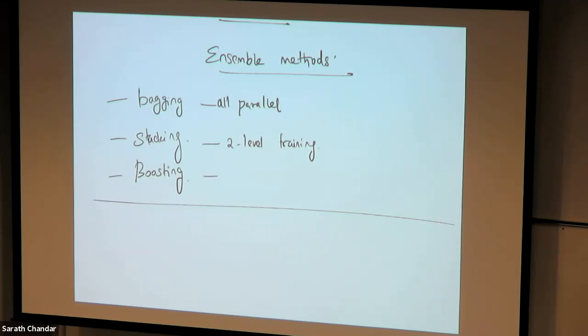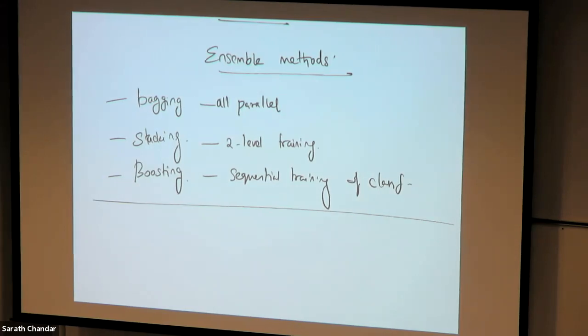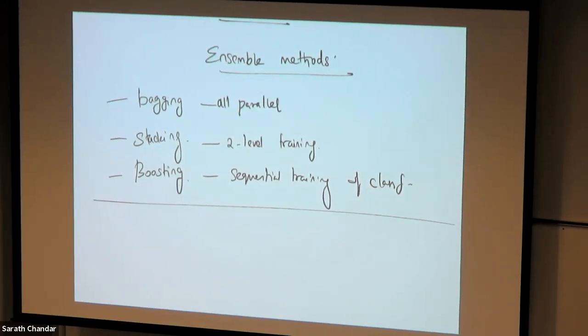Now, boosting is going to be a different philosophy. In the case of boosting, we're going to do sequential training of classifiers. Let's say we want to train 10 classifiers and combine them. Bagging is going to train all the 10 classifiers together and then combine them, right? On the other hand, with boosting, we're going to train our first classifier, then we train our second classifier on the mistakes of the first classifier, so that when you combine these two, they are more powerful.